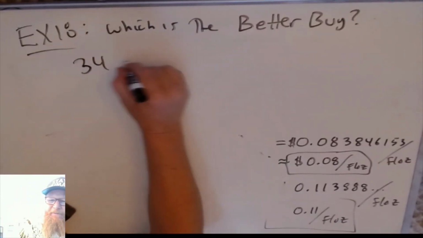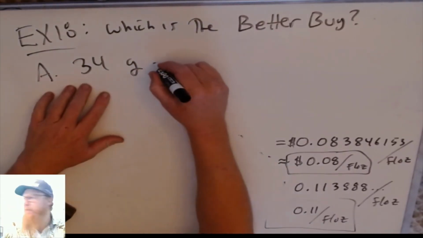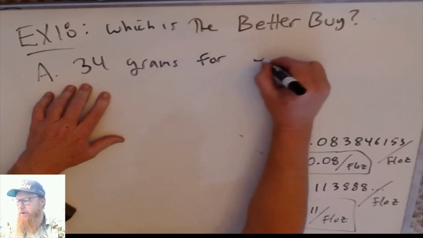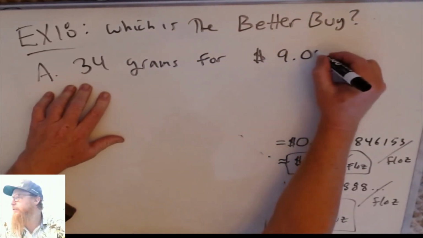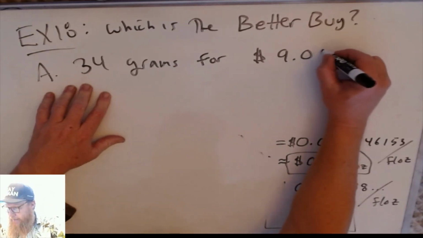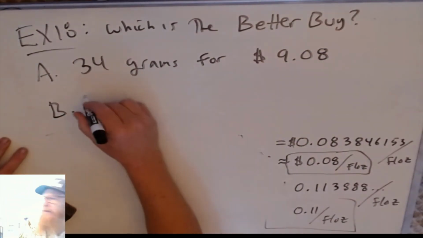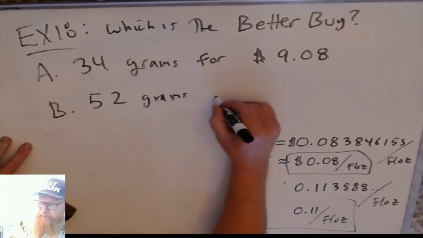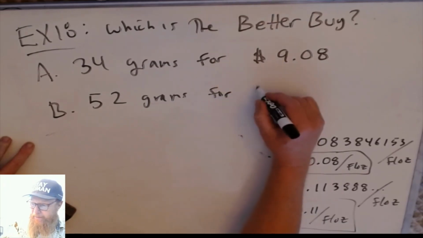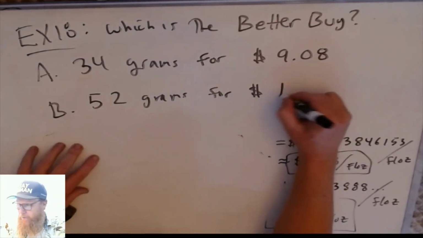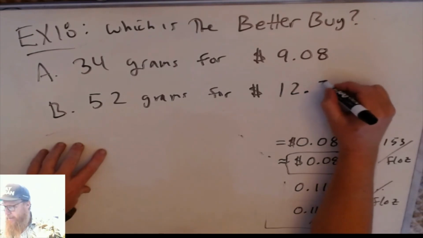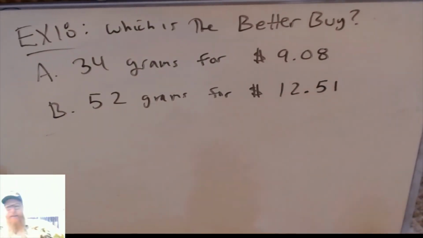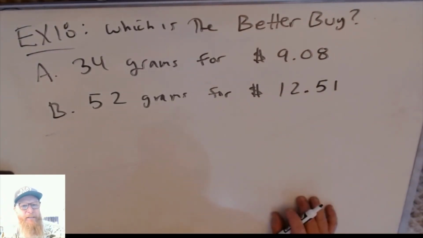So 34 grams, we'll call this A, 34 grams for $9.08, or 52 grams for $12.51. Never seen a price like that, 51 cents, but whatever.